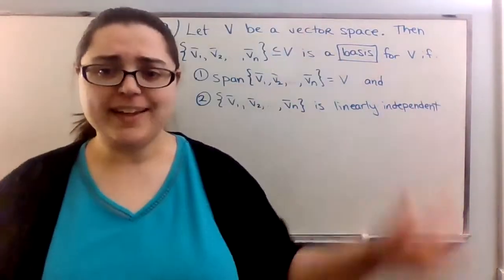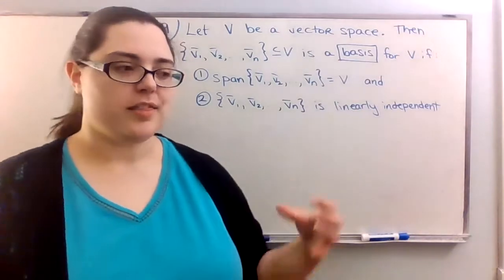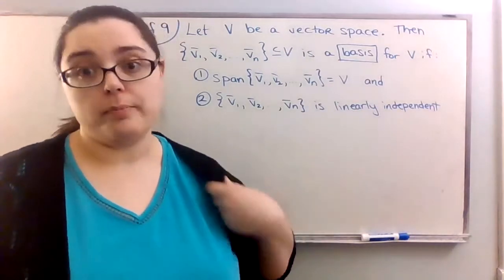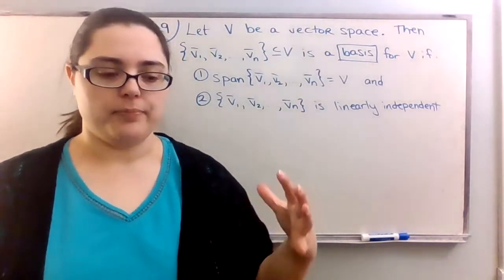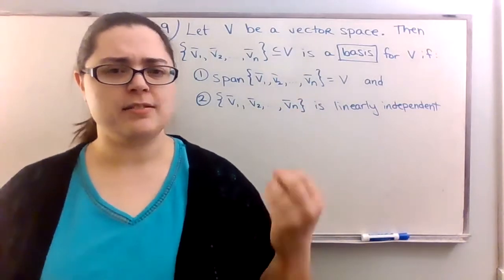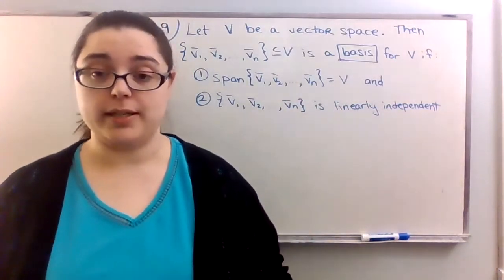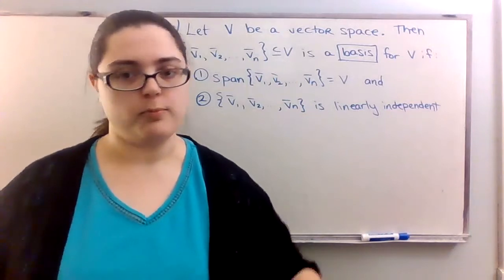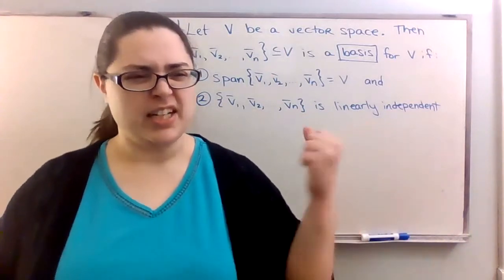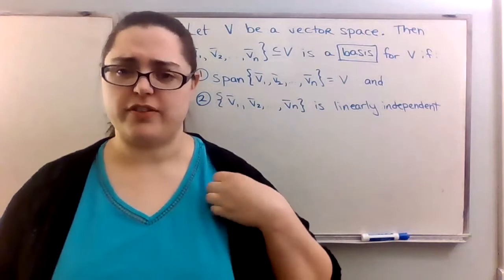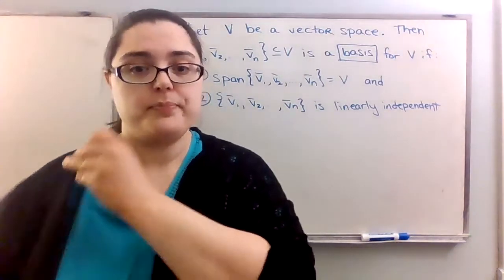So the big idea is a basis should be like the most concise collection of vectors that we need in order to define our set, right? That was our big picture idea. It's the essential pieces to define what your vector space is going to be.